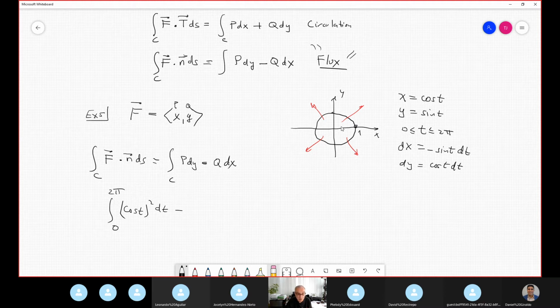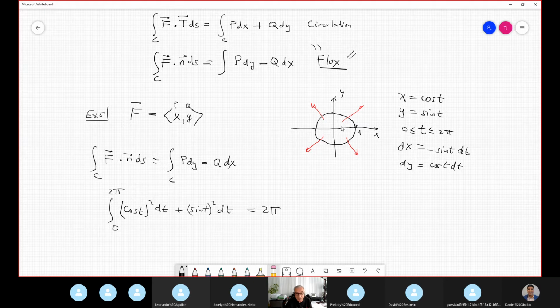Who is y? Is sine t. Multiplication by dx. Who is dx? Is negative sine t dt. So we have another sign, and we have another negative, it becomes positive. This is sine squared dt. A similar situation happens, no? In this case, sine squared plus cosine squared is 1, and the integral of dt is t, and then we get 2 pi.